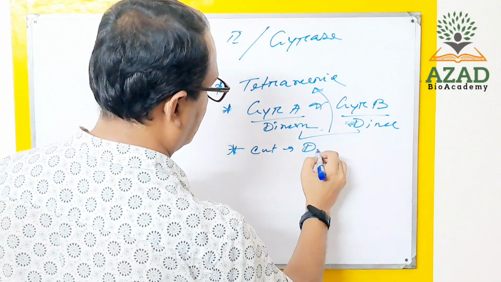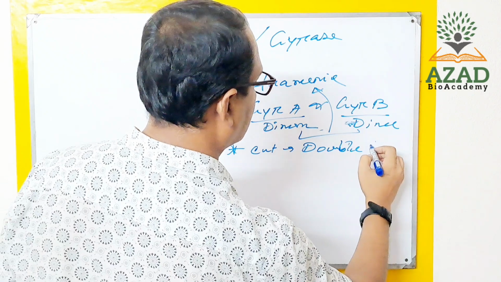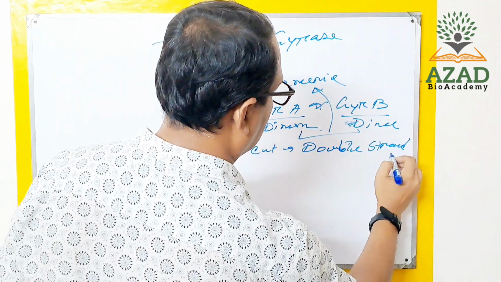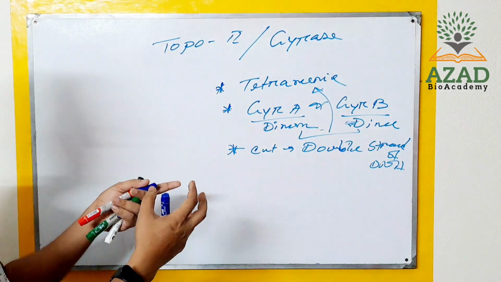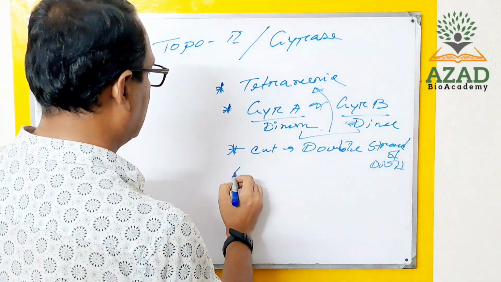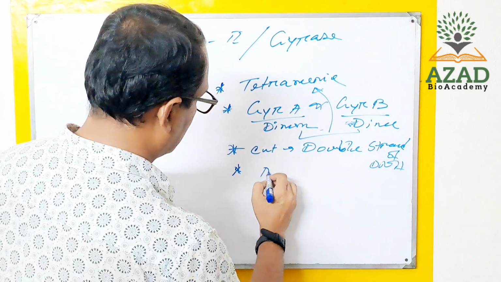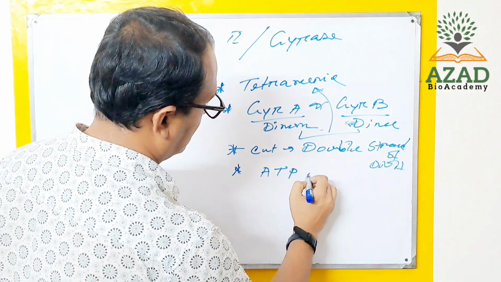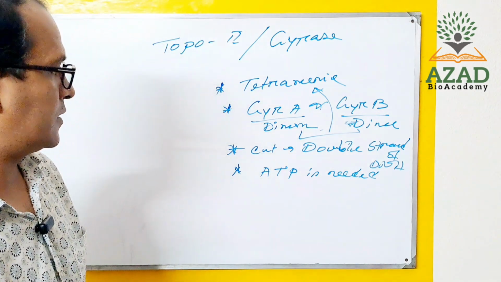Okay, and it has the capacity to cut double strand of DNA. That means it can cut the double strand of the DNA, and for its function ATP is needed. Okay, ATP is important.